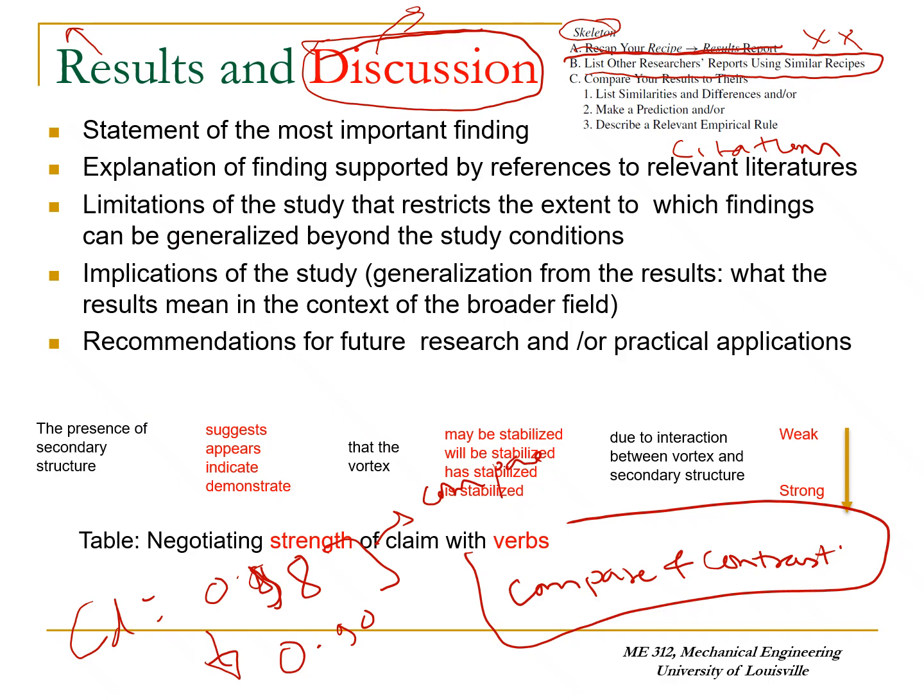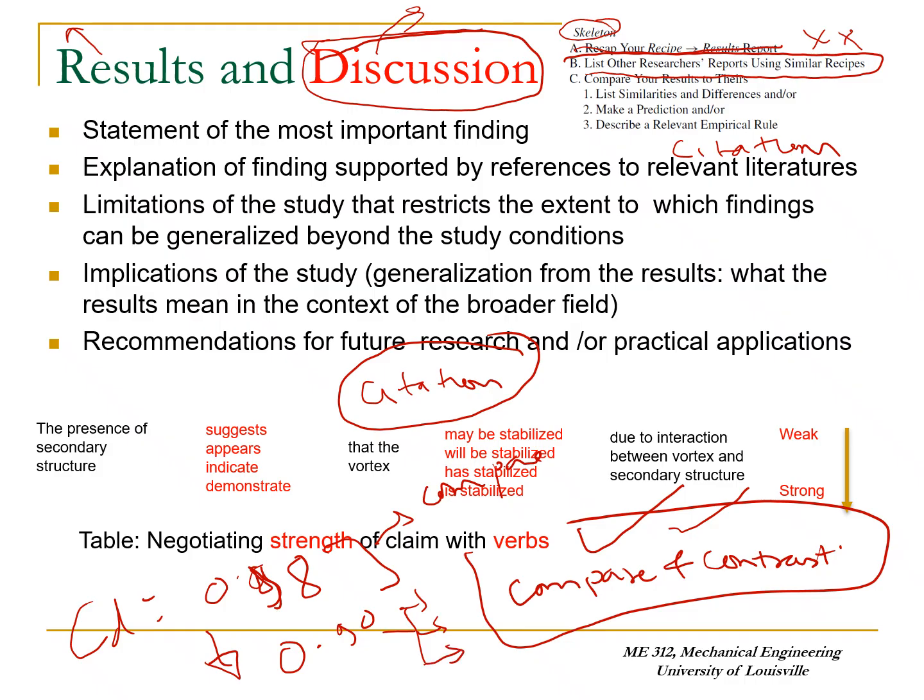If there is a little difference, then what is the difference? Maybe error associated with the instrumentation, you don't have good measuring instrumentation, or some technical aspect. You need to discuss all those things. So you need to compare and contrast, and you get that information through citation, which is very important in discussion. You should have citation.